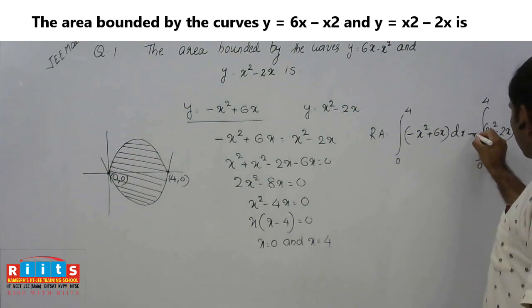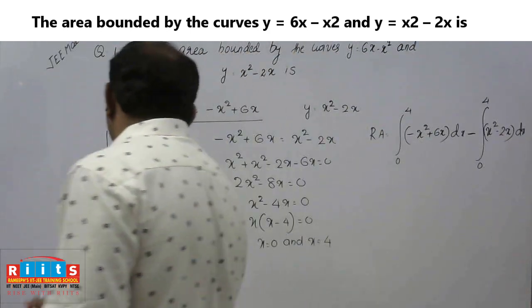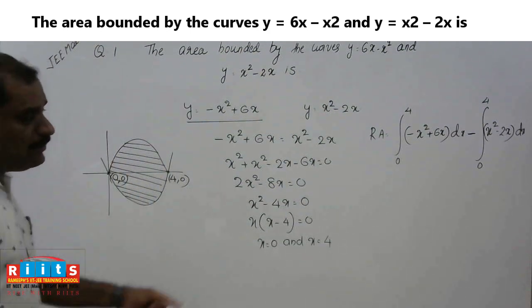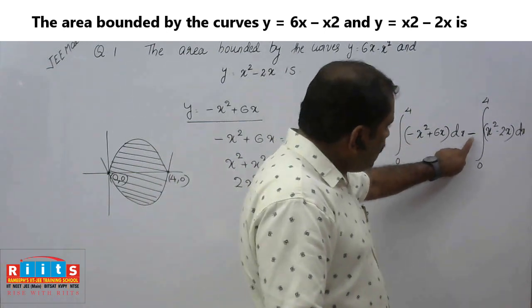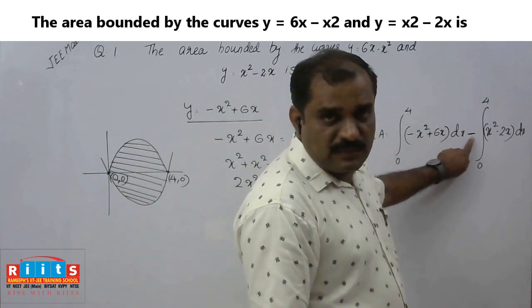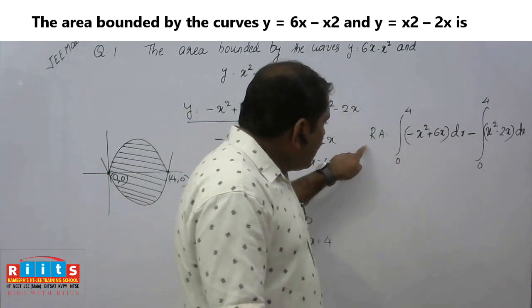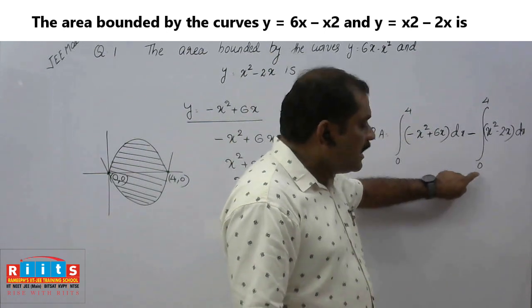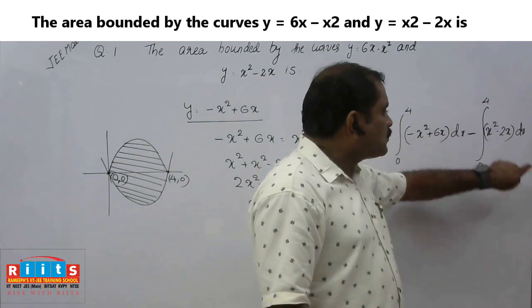Here we take minus because the second curve is a negative curve. So we get negative area that can be converted into positive. So then we take minus. So the required area is equal to integral 0 to 4 of minus x square plus 6x dx minus integral 0 to 4 of x square minus 2x dx.